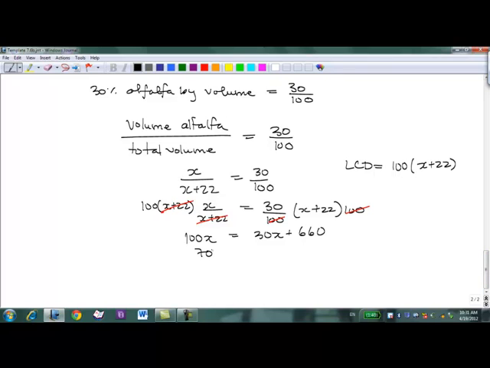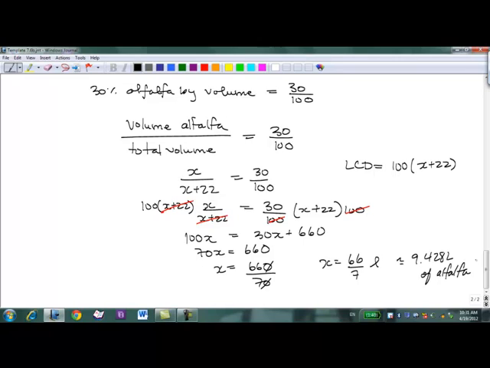Subtracting 30x, we end up with 70x equaling 660. And dividing by that, we get 660 over 70, which we could reduce and say that x is 66/7 of a liter, which is about 9.428 liters of alfalfa.